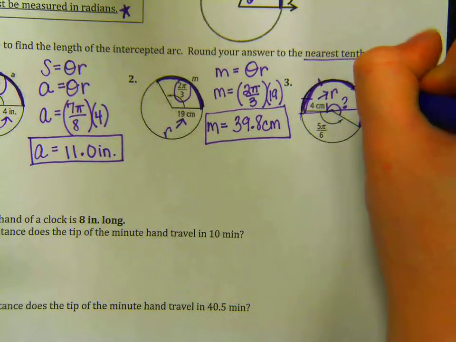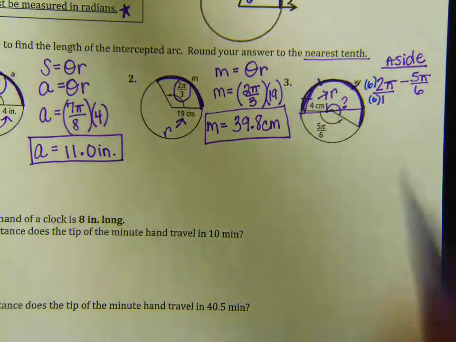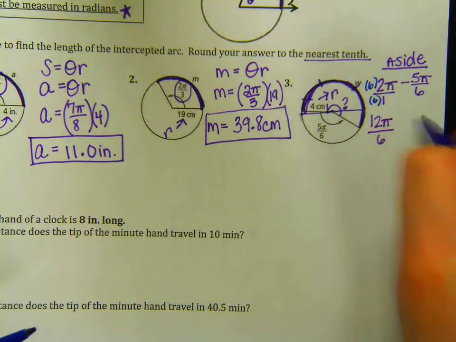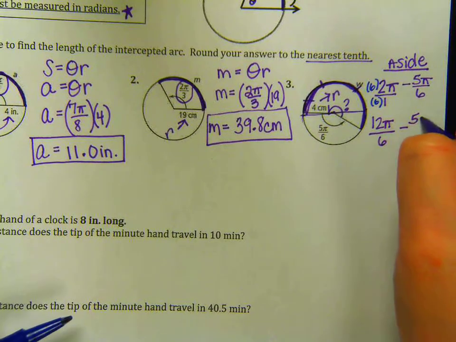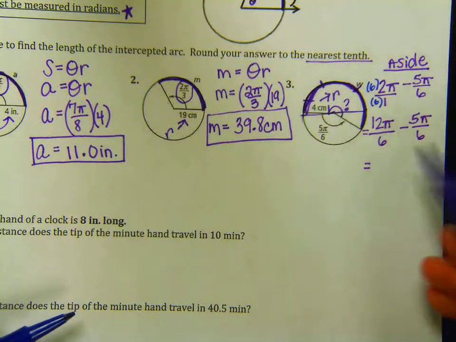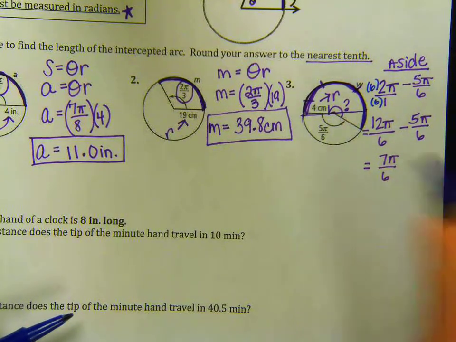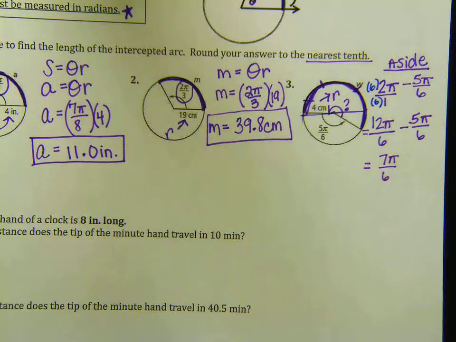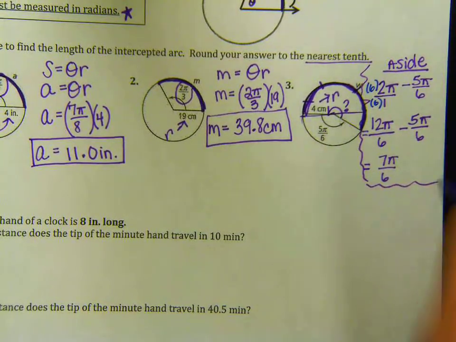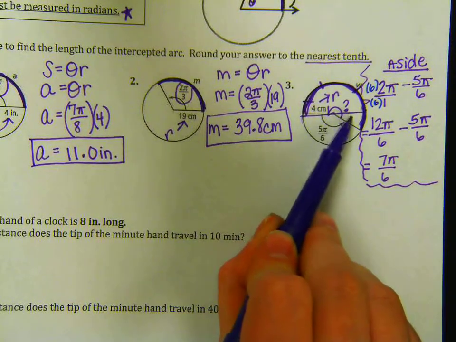Multiply by 6, I have to have a common denominator in order to subtract fractions. So I'll have 12 pi over 6 minus 5 pi over 6. So 12 minus 5, that gives me 7 pi over 6. So that's an aside. We don't need that for the entire problem. This is just to figure out what the measure is in this section, which is 7 pi over 6.